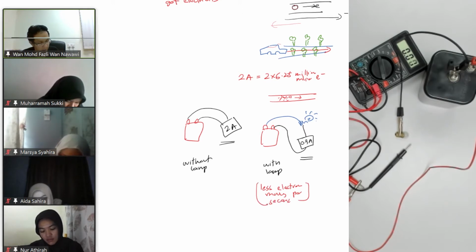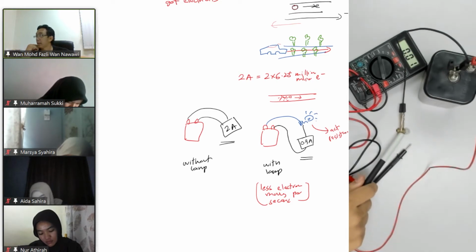That's what it means. The reason why there are fewer electrons moving in this case with the lamp is because the lamp itself acts as a resistance. So the lamp here acts like a resistor, because inside the lamp you have tungsten.